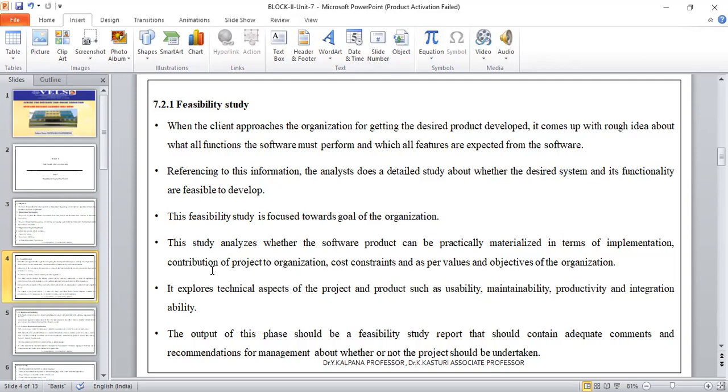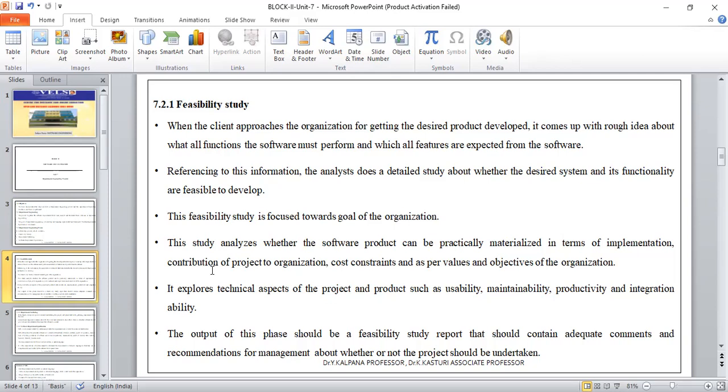Whatever is in the requirement specification should be achievable in terms of implementation, contribution of the project to the organization, and cost constraint also. Therefore, the analyst analyzes the feasibility of the particular product so that the objectives of the organization are satisfied.